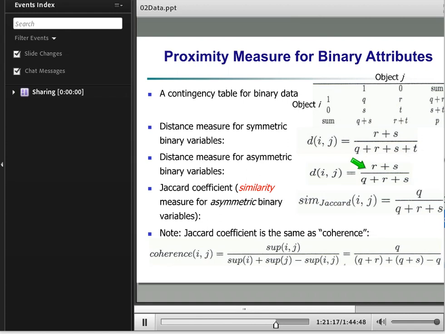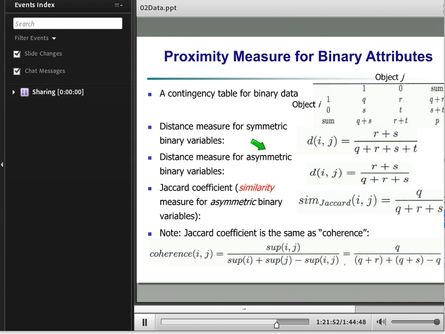Also, in some cases, if our data set is asymmetric, and we will talk about asymmetric next time, I can reduce the dissimilarity formula to something like this.